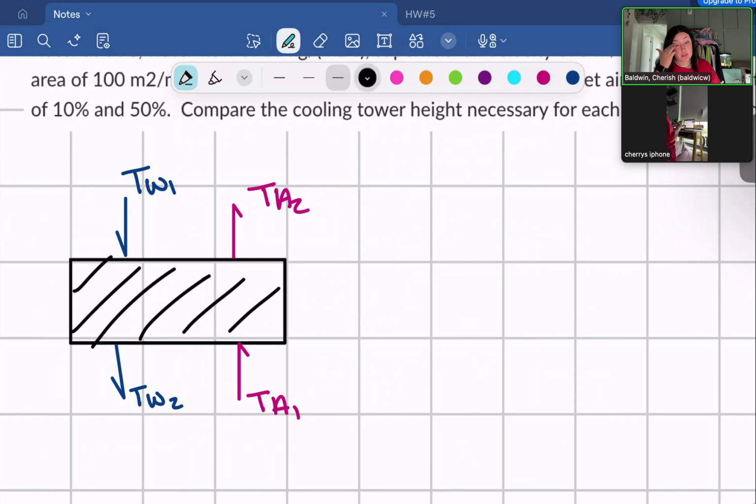And this length we're going to define as dz, and I'm going to also define this as the positive direction.